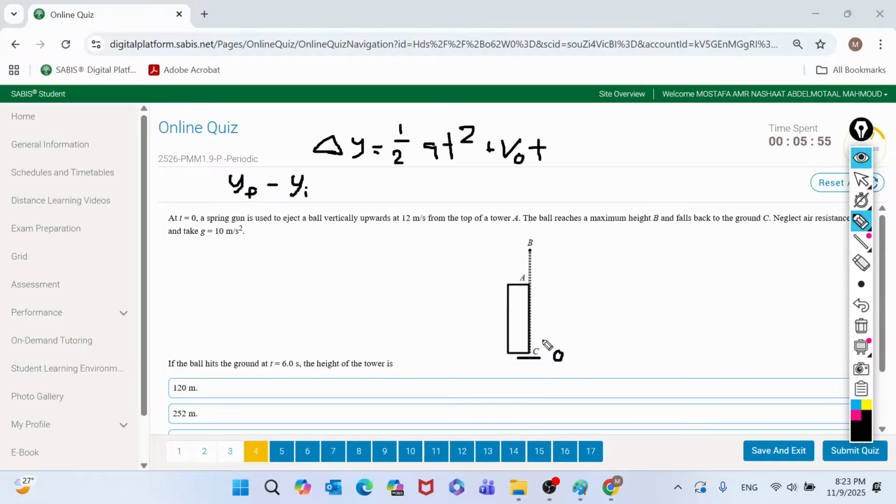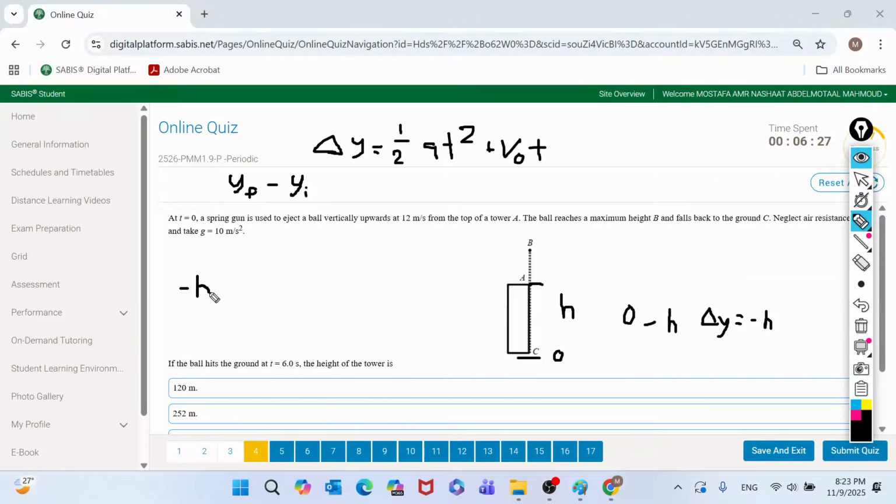You can take any point as the origin, it doesn't really matter, but I'm going to take C. So y final is 0. What's y initial? It's here, the height of the building, so we'll just say h. So delta y is 0 minus h. So delta y equals negative h.